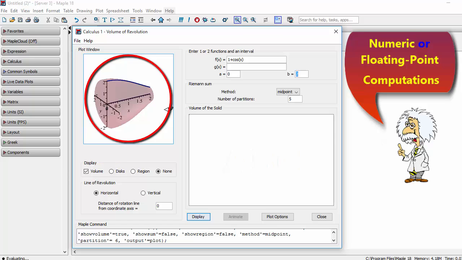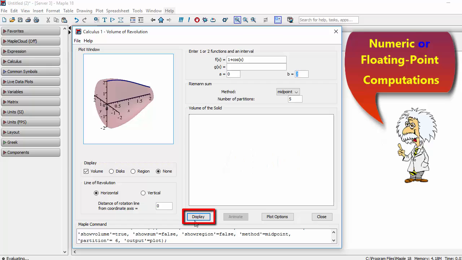In order to better understand numeric, or floating point computation of the volume of the solid of revolution, at first let's find this volume by symbolic, or exact computation.